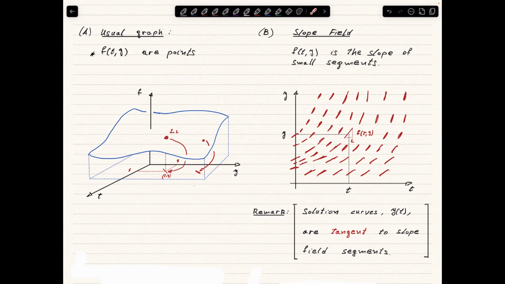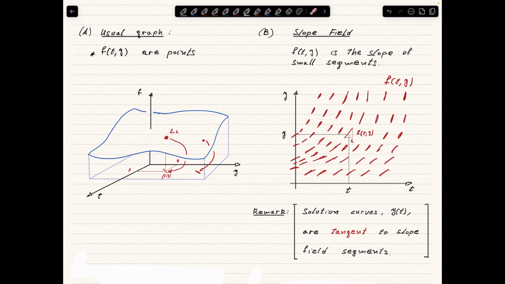Recall the only thing we have plotted is f of (t, y). There are no solutions of the differential equation. There is no differential equation. We are plotting a function of two variables on the plane of the two variables, not as a point, but as the slope of segments.